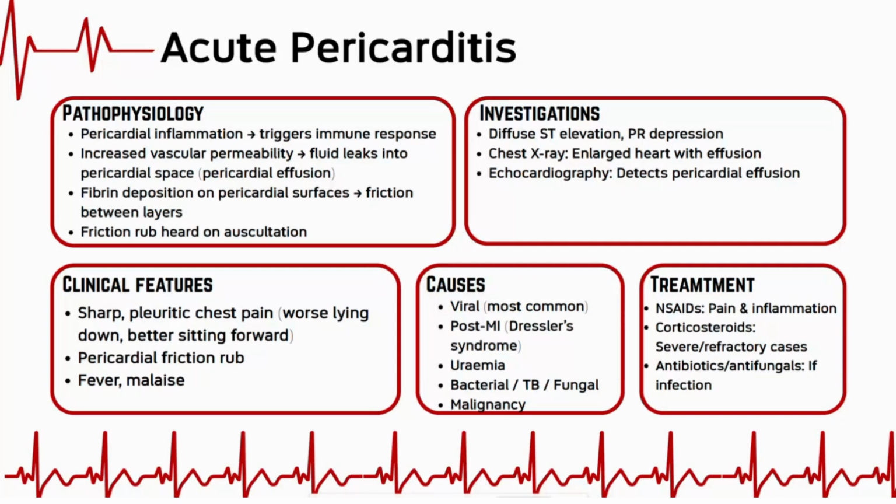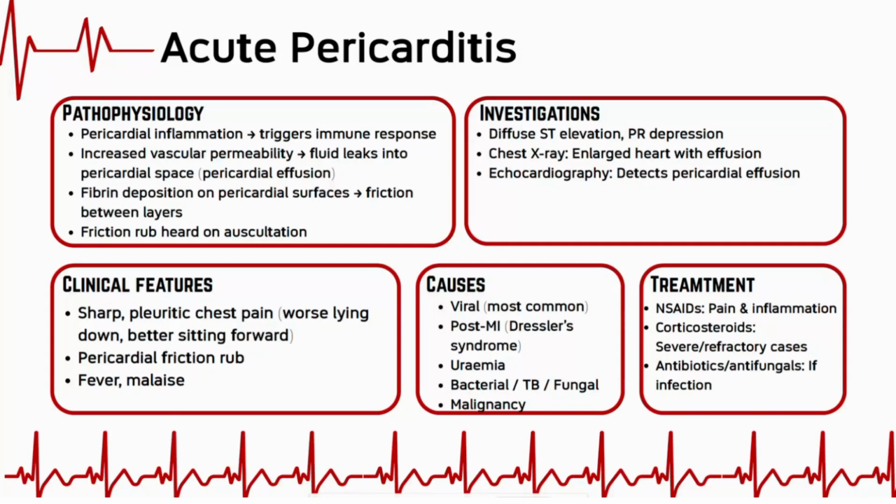So when we look at the infective causes of pericarditis, mainly it's viral pericarditis that a patient comes in with, and this inflammation is due to direct viral attack or an immune response. So this immune response can be antiviral or anti-cardiac responses, but what it results in is acute pericarditis.